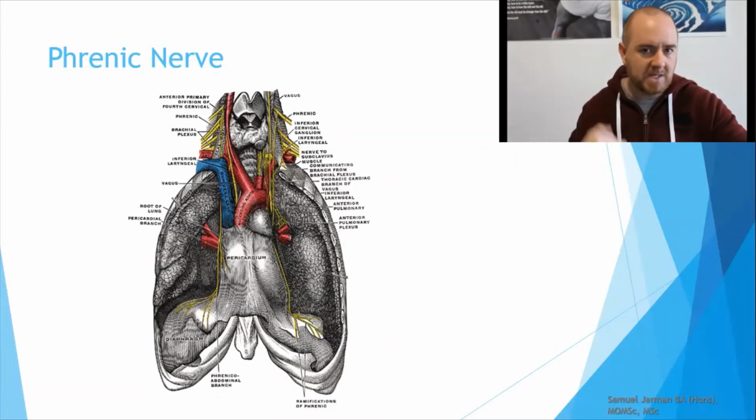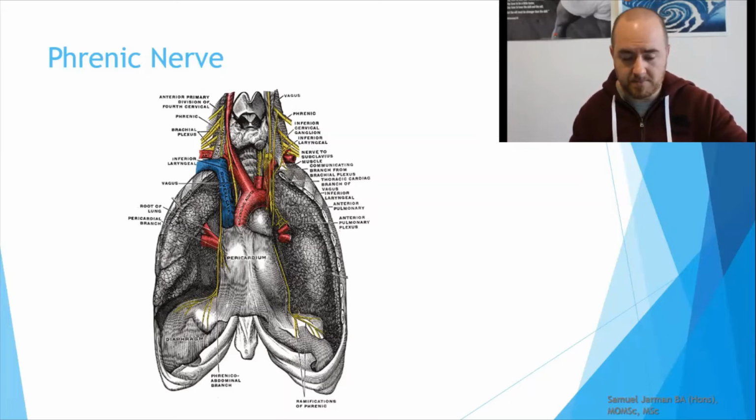So if you believe there's a mechanical correlate to interference with the nerve and the function of respiration, you've got a large area to chase, but all you're looking for is the motion dysfunction. Sometimes it's smarter to just look for the motion dysfunction and deal with that, because your behavior is more accurate to the problem at hand.